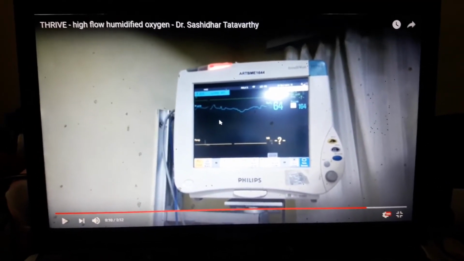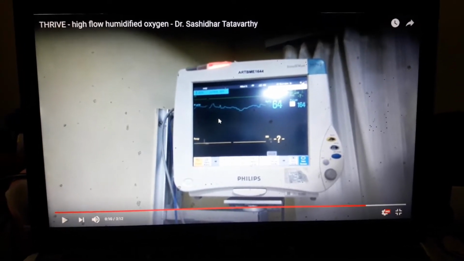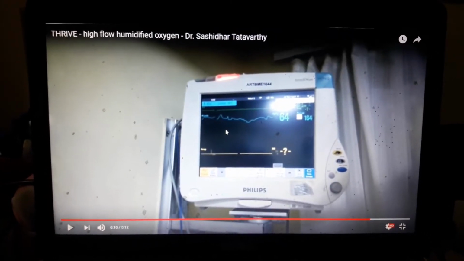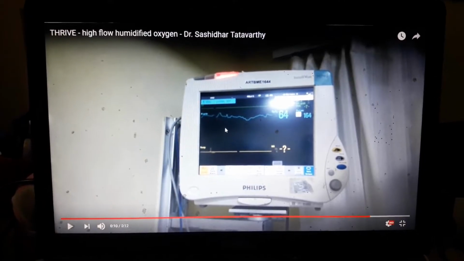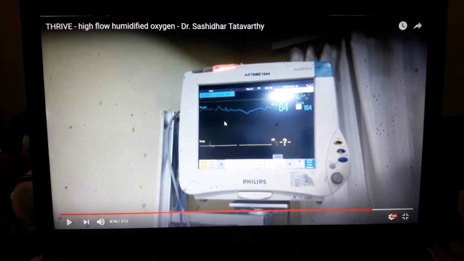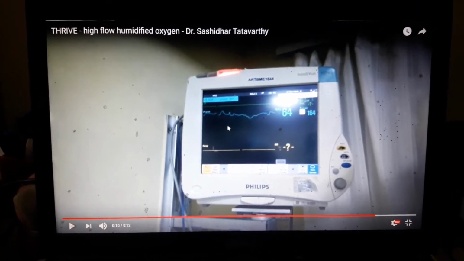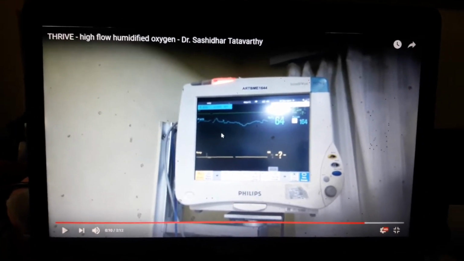But actually there is another separate instrument for this. This is not the advocated one, but Dr. Sasidarth Tathavarthi, who is a pediatric ENT surgeon, has done it like this. So where we don't have that high nasal flow oxygen instrument, we can get some more time like this.